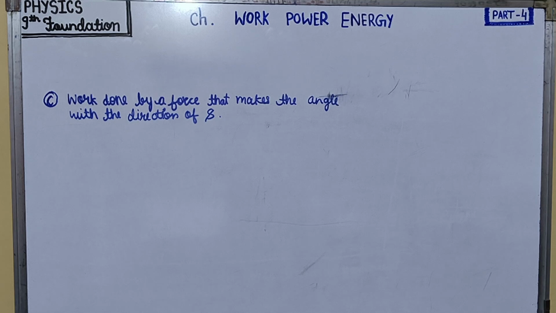We have seen that whenever work is done, a body displaces in the same direction of the force applied. But in some cases, the body moves in a direction that makes an angle with the direction of the applied force.